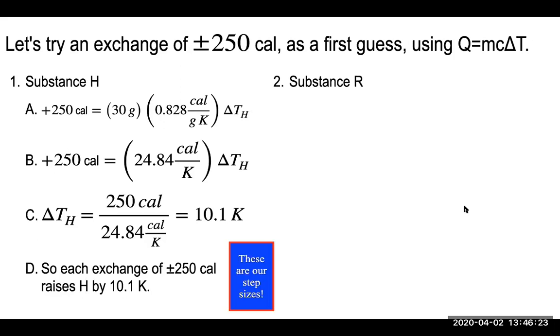If it's too much, my delta T's will be too big and it won't work. If it's too small, I'll have to do too many delta T's and have a long, long calculation. There's no way to know ahead of time. You just have to try it out. You could have tried 500, or 25.